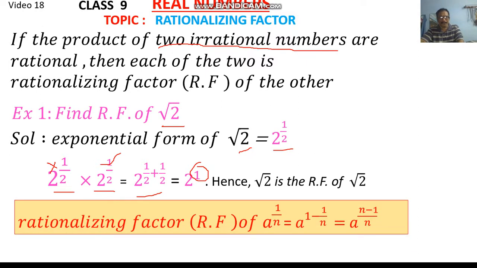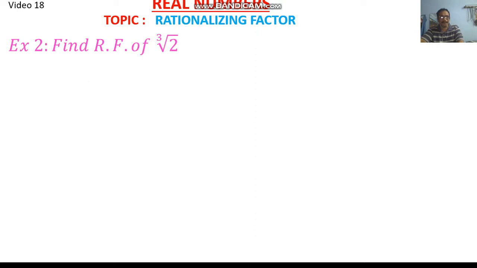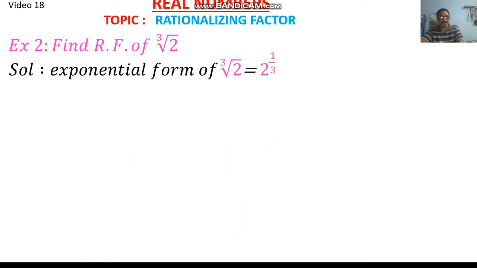The RF of a power 1 by n can be ascertained as a power n minus 1 by n. Take for example, find the RF of cube root 2. That can be written as 2 power 1 by 3.